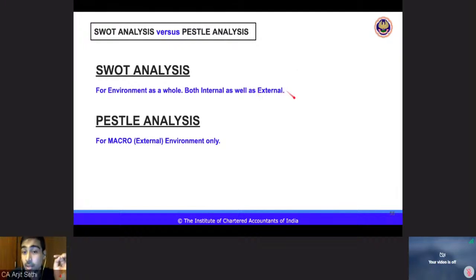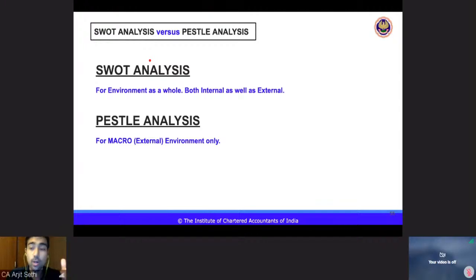External has micro and macro. Each and every type of environment can be covered by SWOT analysis, whether it is technological, geographical, demographic, intermediary, market, supplier, because you take up any component, SWOT analysis is relevant, right?